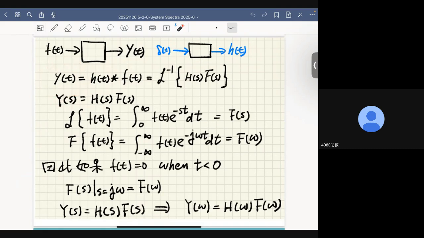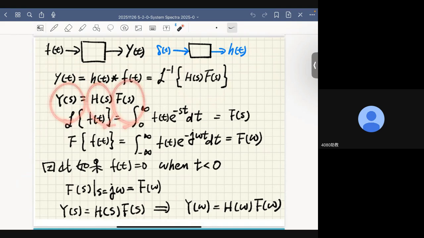And we all know that in the s domain, after taking the transfer function of the differential equations, we have this, which means if I multiply the transfer function with the input, I will have the output.